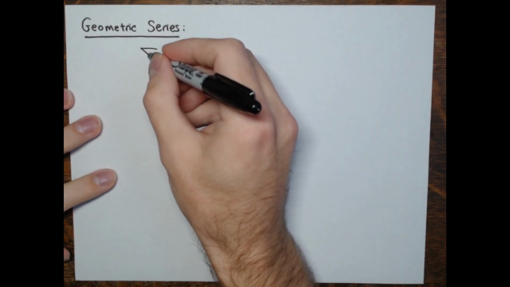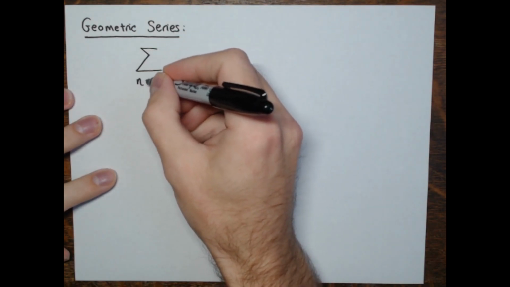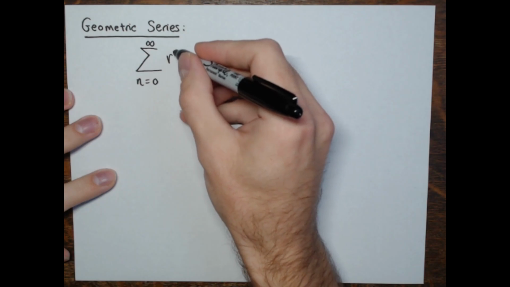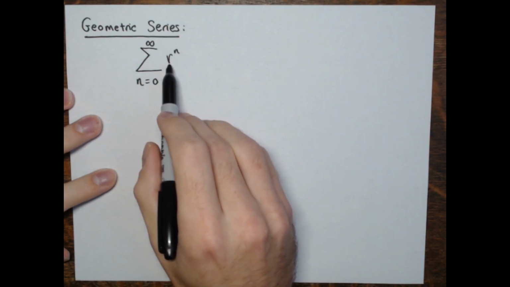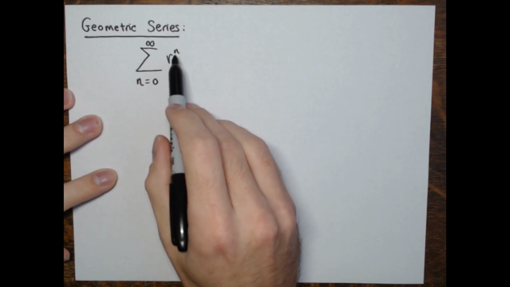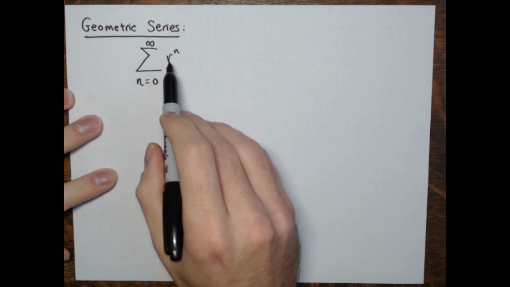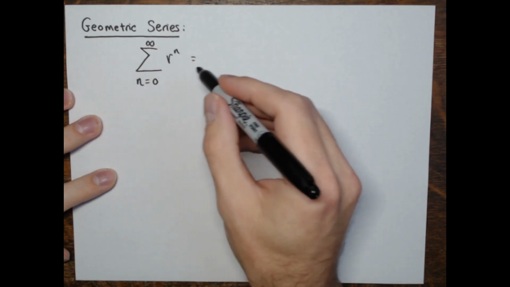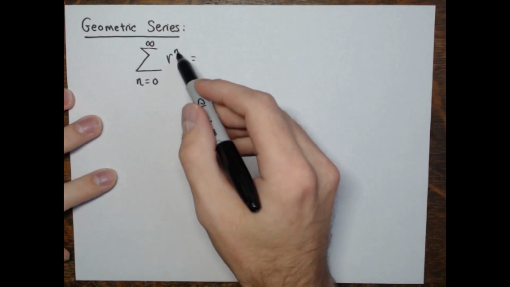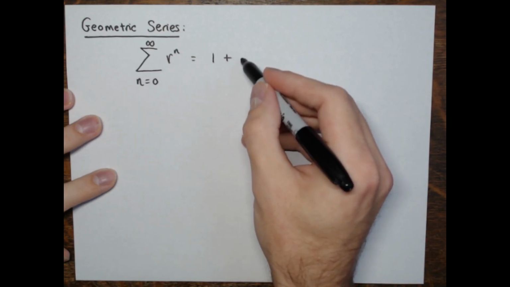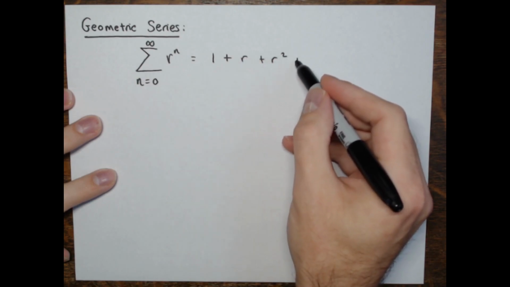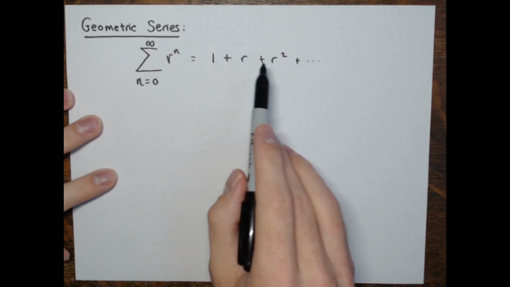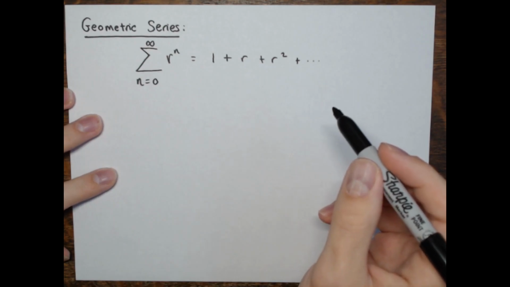So remember, if I have an infinite series, say the sum from n equals 0 to infinity of just r to the nth power, where r was called the common ratio for a geometric sequence and the corresponding series that I'm about to write. And when n equals 0, right, you got 1 plus r plus r squared and so on, right? And to get from one term to the next, you'd multiply by r, increase the power of r.